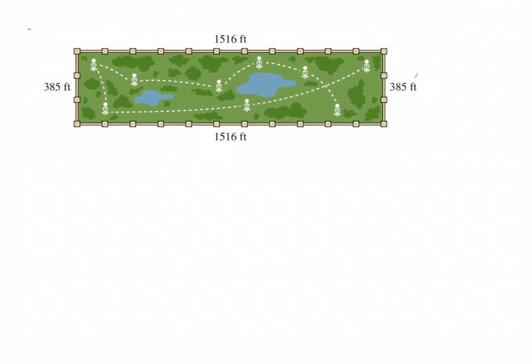So we want to add up all the sides. We have 2 15/16. So I'm going to go ahead and put those first. And we also have 2 385s.